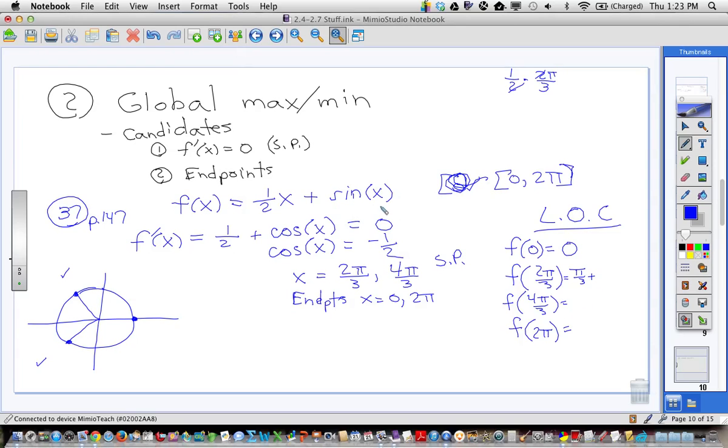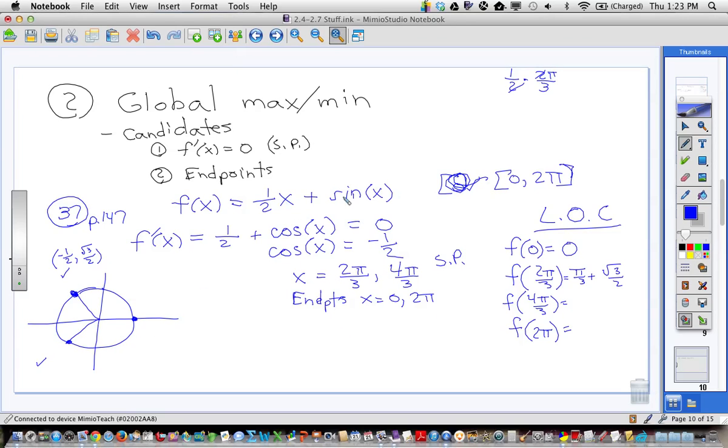Plus, and then what's sine of 2 pi thirds? Let's see, negative 1/2 was the x coordinate. That was cosine. Isn't it root 3 over 2 would be the sine? So sine of 2 pi thirds is root 3 over 2. Okay? What about 4 pi thirds?